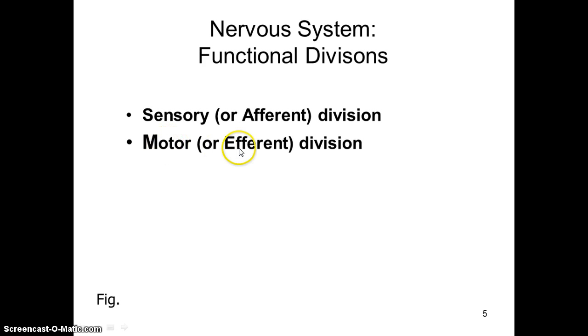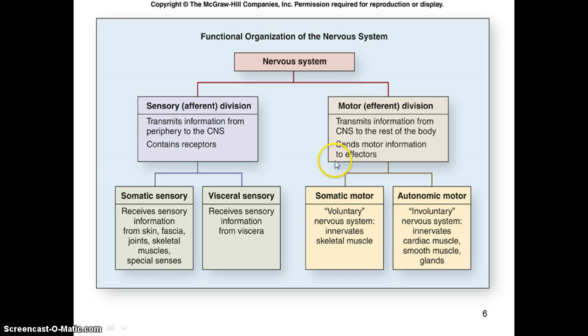And the motor division, or efferent division, efferent meaning away from. So here we're referring to motor impulses that are being transmitted away from the central nervous system. And that can be further divided into various components. So the sensory division is divided again into somatic sensory versus visceral sensory.